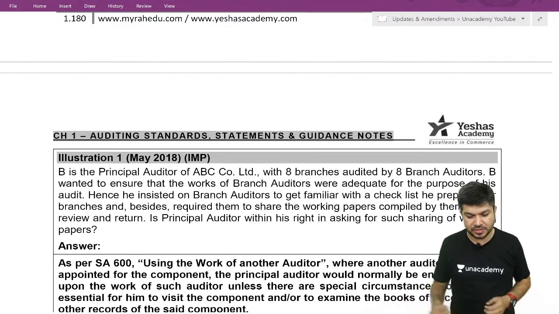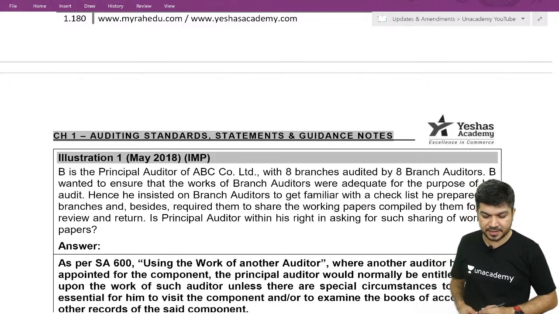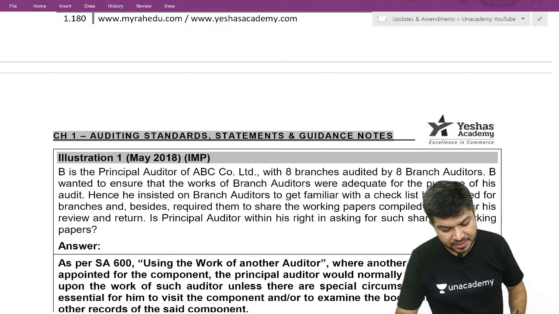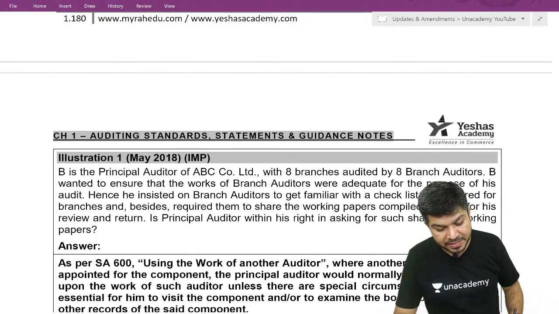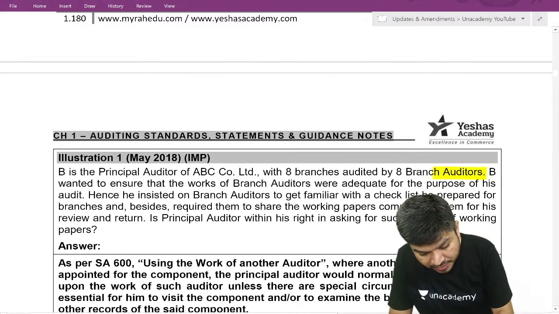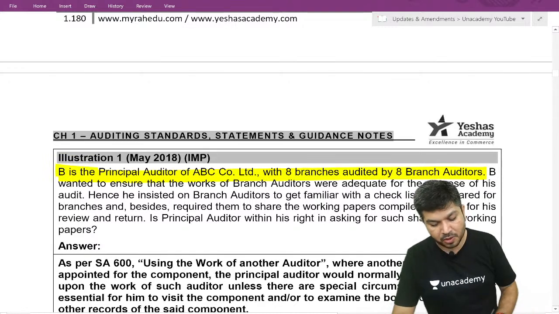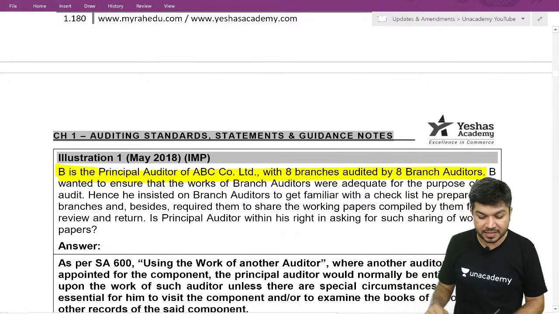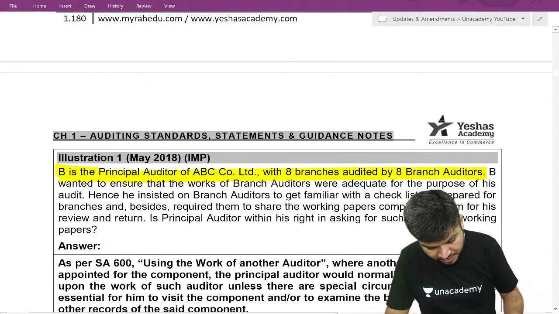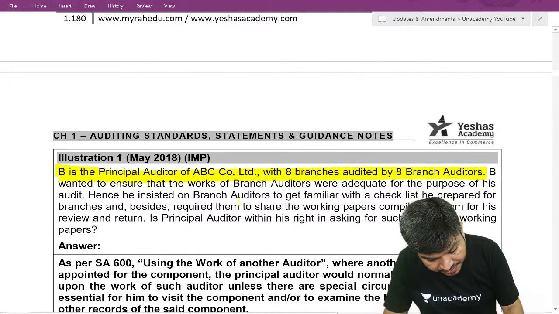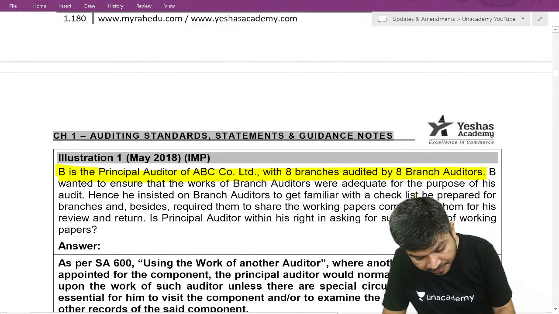Okay, let's see some questions. B is a principal auditor of ABC Company Limited. 8 branches audited by 8 branch auditors. Now, he insisted on the branch auditors getting familiar with the checklist he had prepared.